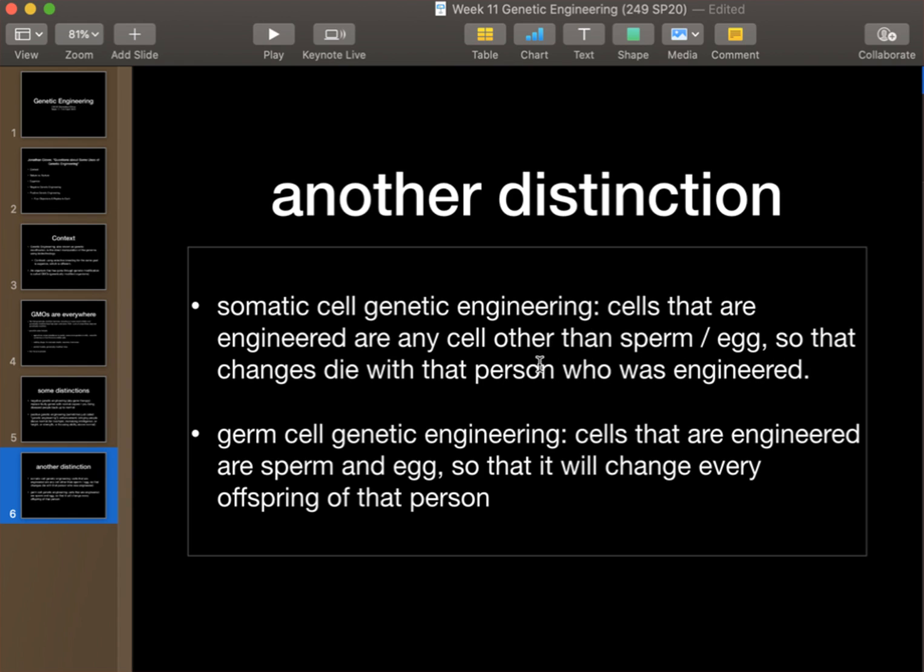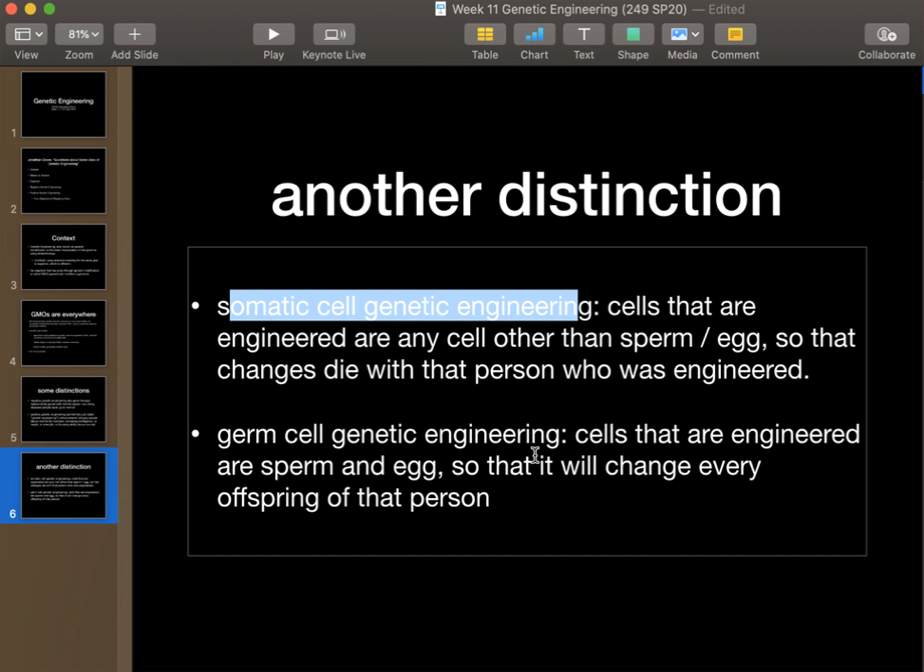Okay, does this make sense? So if you change, for example, my liver, okay, that would be somatic cell engineering. It's not sperm, it's not egg, it's my liver. And my liver can maybe do all kinds of crazy things after the genetic engineering, but when I have kids, my kids' livers will not have the changes that my liver had. And so whatever changes we made to my liver will die with me. That's somatic cell genetic engineering.